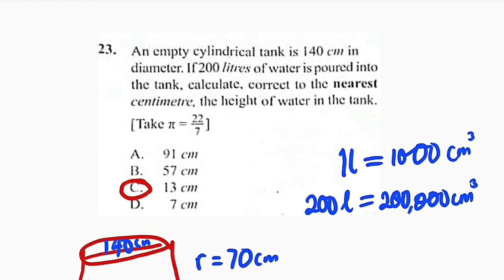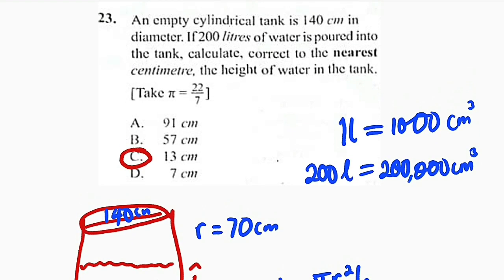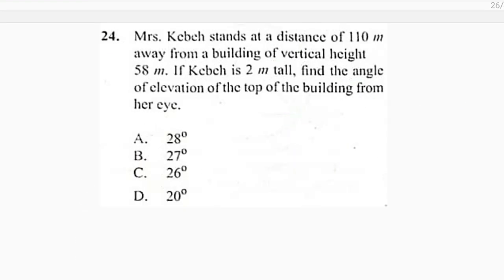Now let us move on to question number 24. All right, here is question number 24. The question reads, Mrs. Kebe stands a distance of 110 meters away from a building of vertical height 58 meters. If Kebe is 2 meters tall, find the angle of elevation of the top of the building from her eye. Okay, let us form a sketch of this.